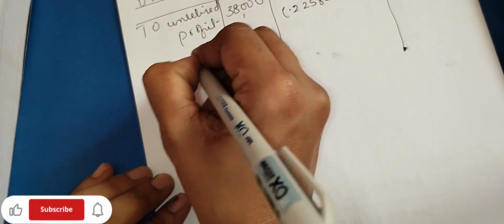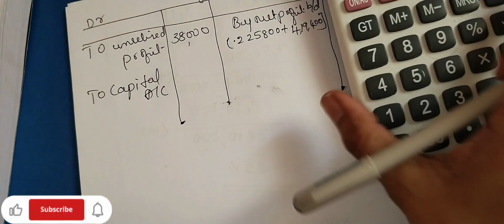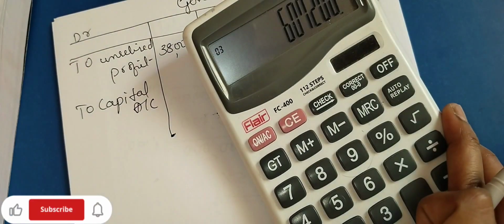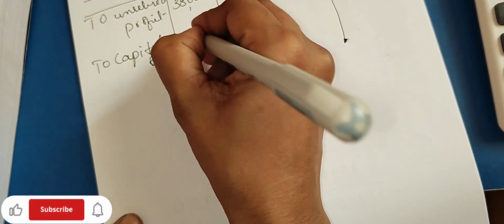Now we are transferring the balance amount to the capital account. From this 6,45,200 minus 38,000, you will get 6,07,200.